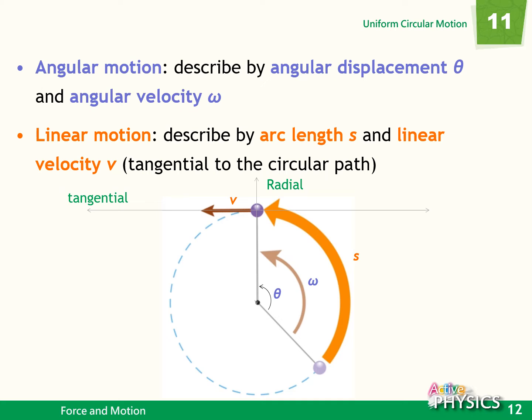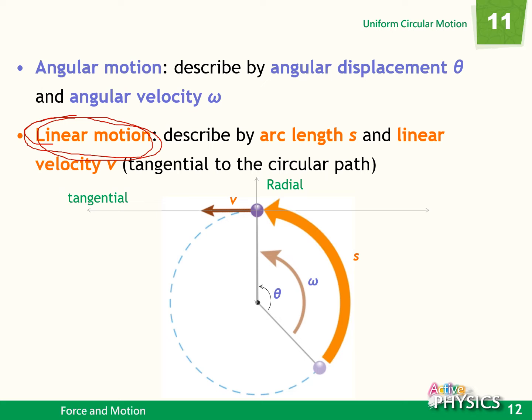The angular motion is described by the angular displacement, the change in angle, and the angular velocity, how fast it turns. The linear motion is described by the arc length and the linear velocity, which is about particles moving along the arc.